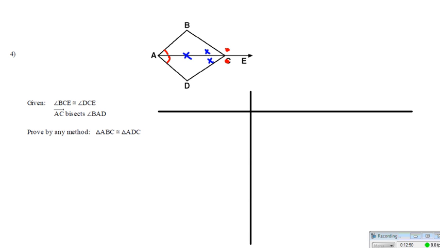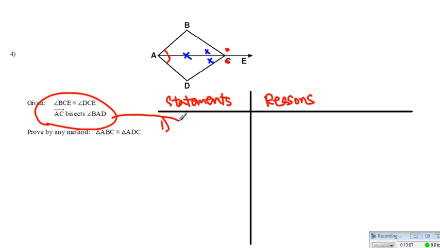All right, so let us write down our proofs together. Statements and reasons. First, we have this one writing way over here. Number one, it will be givens.